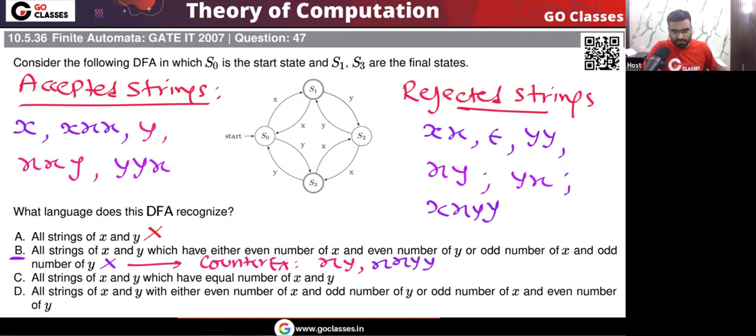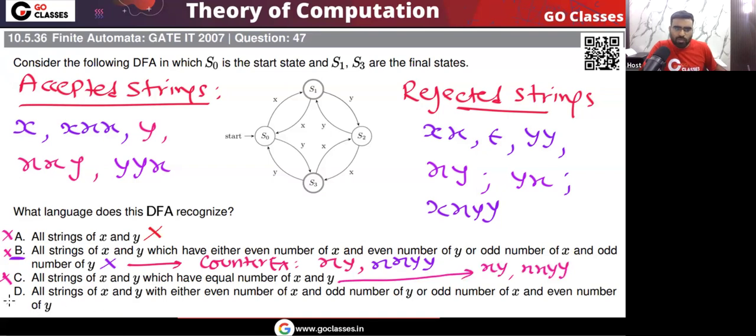What about option C? All strings of X, Y with an equal number of X and Y. This is also gone, right? Why is this gone? Because the counterexamples are double X, double Y, or XY. So these are the counterexamples. Correct?